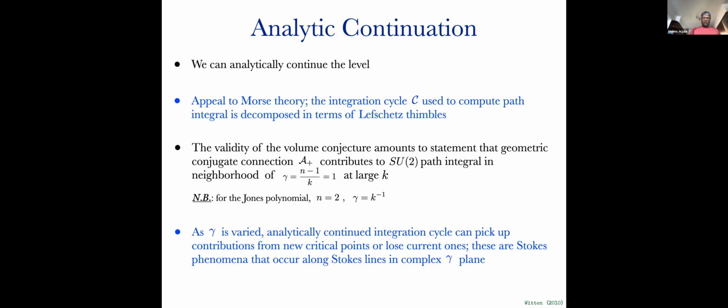The validity of the volume conjecture in Witten's language amounts to a statement that a particular connection, the geometric conjugate connection, contributes strongly to the path integral in the neighborhood of this gamma, which is related to both the level and the dimension of the SU(2) representation in which you're evaluating things. So for the ordinary Jones polynomial, this representation is just n equals 2, and gamma is k inverse. As gamma varies, the analytically continued integration cycle can pick up contributions from new critical points, or lose current critical points, using Stokes phenomena as you cross certain Stokes lines in the complex gamma plane.